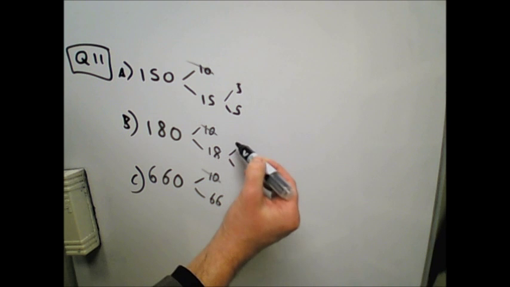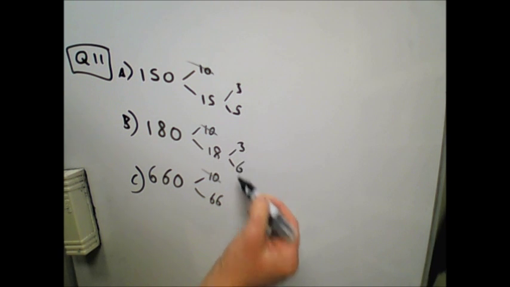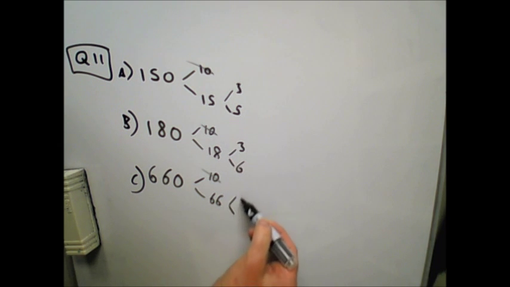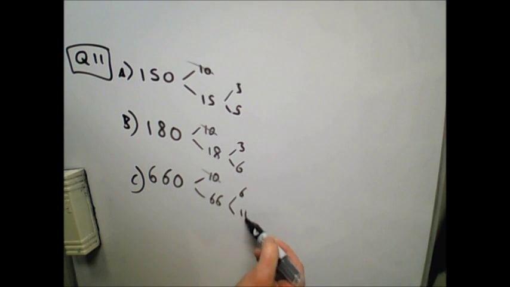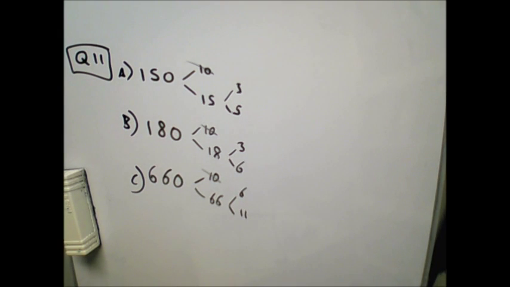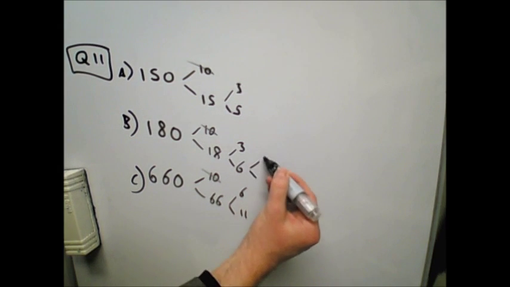Now, 15 is 3 times 5, 18 is 3 times 6, and 66 is 6 times 11. In terms of prime factors, the 11 jumps out at you immediately, as does the 5. The reason being, A and B do not contain 11, and 5 is sitting on its own. But of course, A, B, and C all contain a factor of 10.